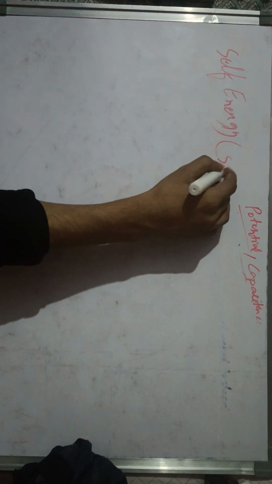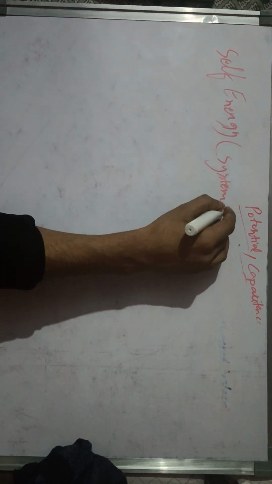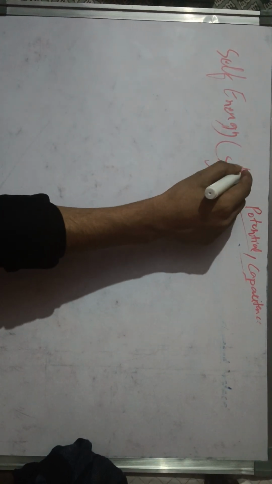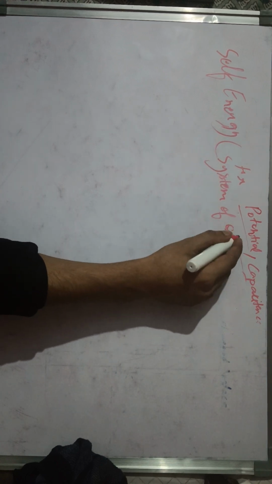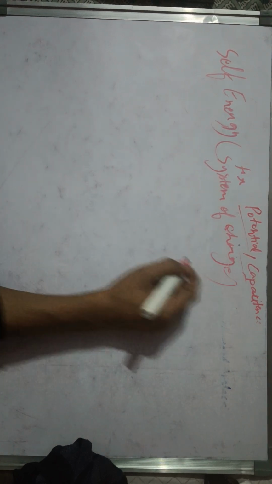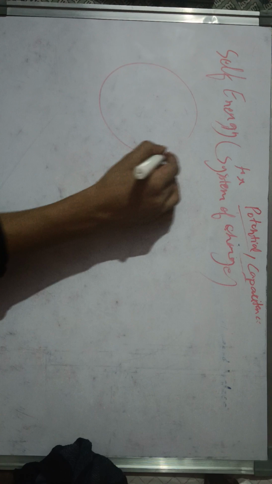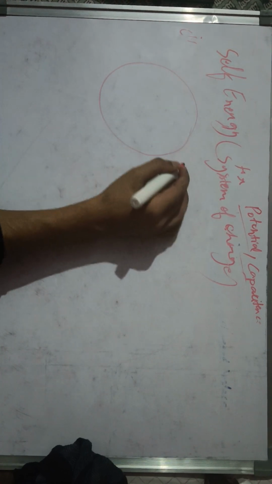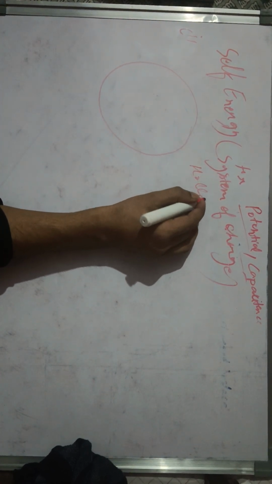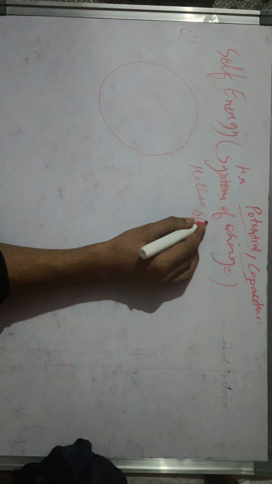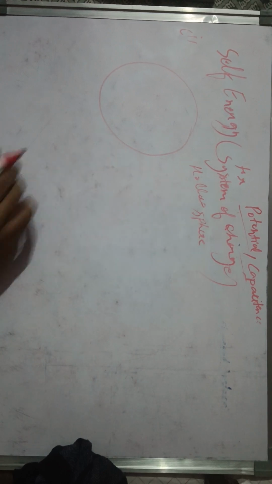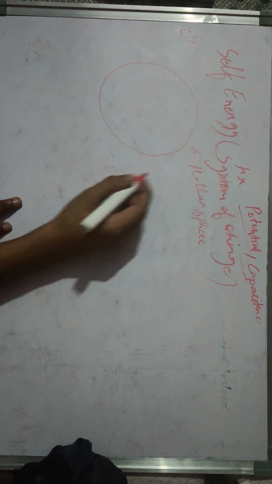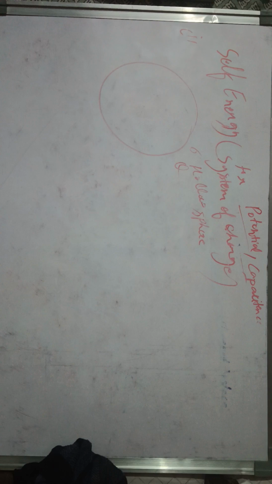This is for a system of charge. Let's say there is a hollow sphere. There is a hollow sphere here, and it has some charge density sigma and charge q.